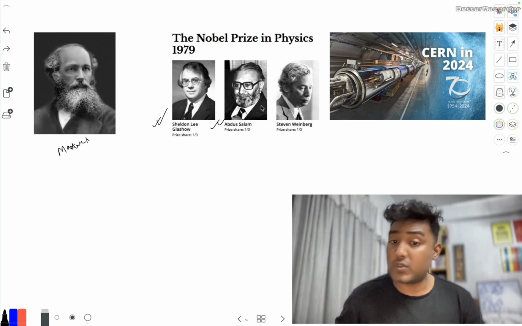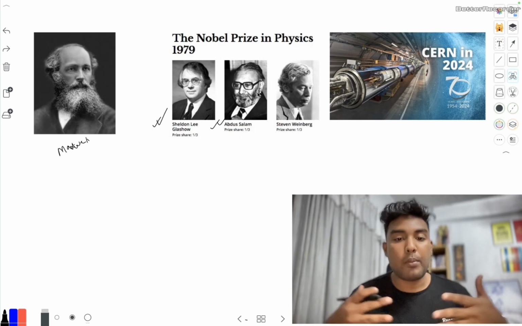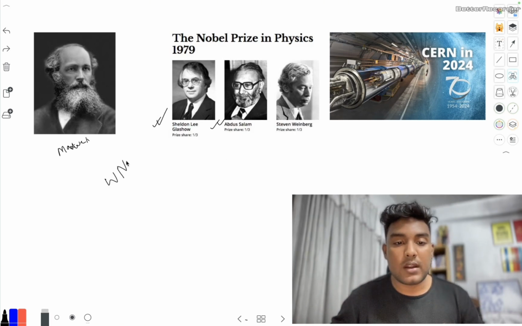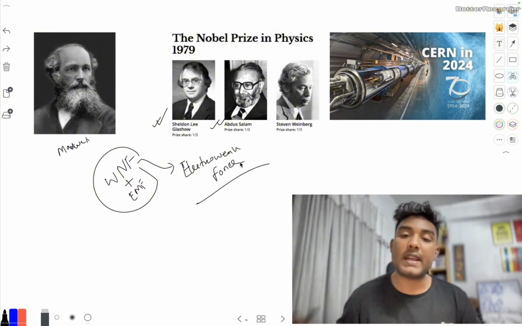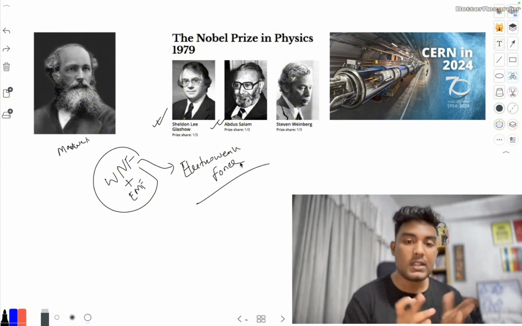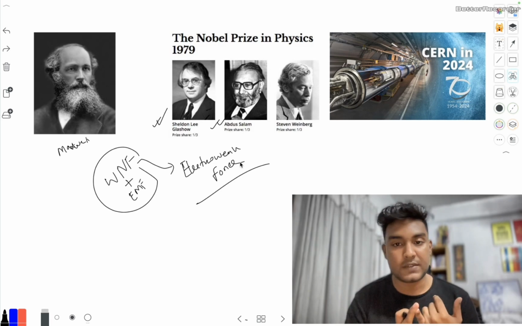These three scientists combined the weak nuclear interaction and electromagnetic force together, and they came up with an idea which is called the electroweak force.